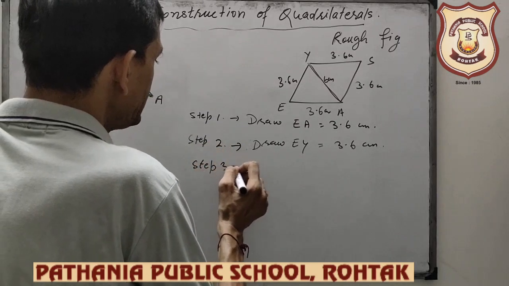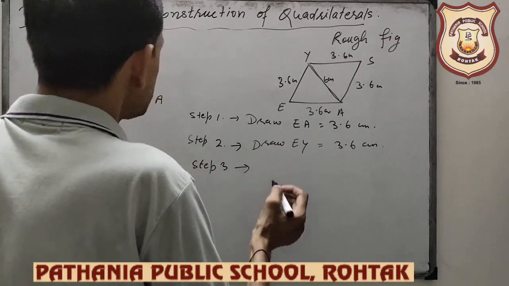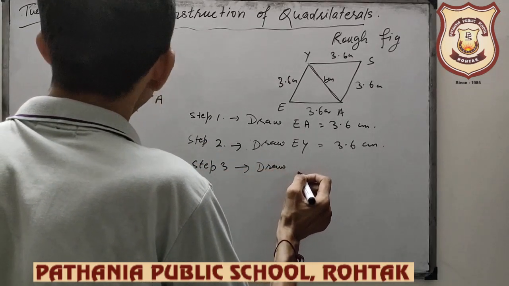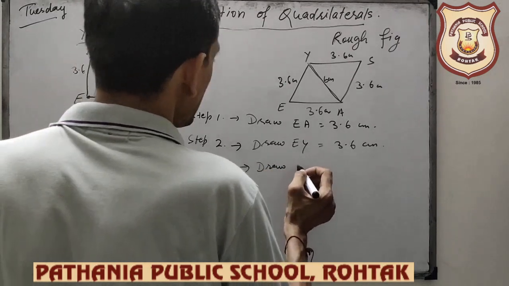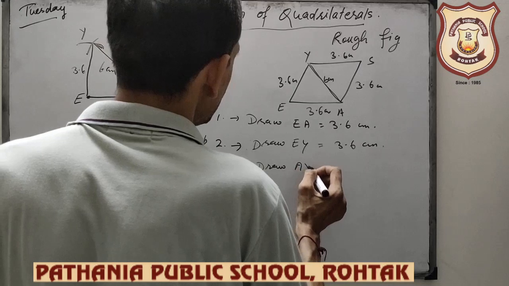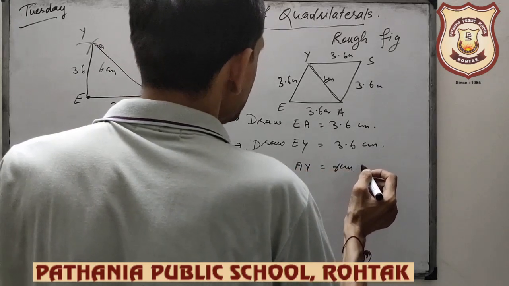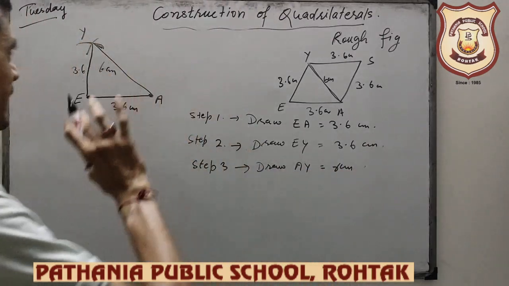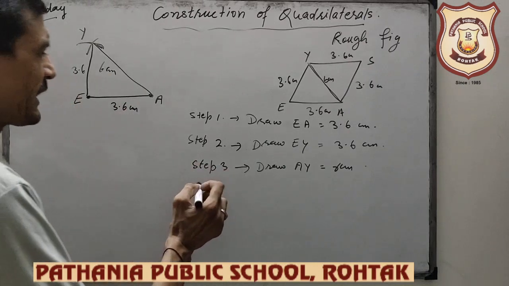What is step 3? Take A as center, or you just write, draw an arc of length 6 centimeter. Draw AY is equal to 6 centimeter, which intersects the first arc at Y. It is enough. Step 4.